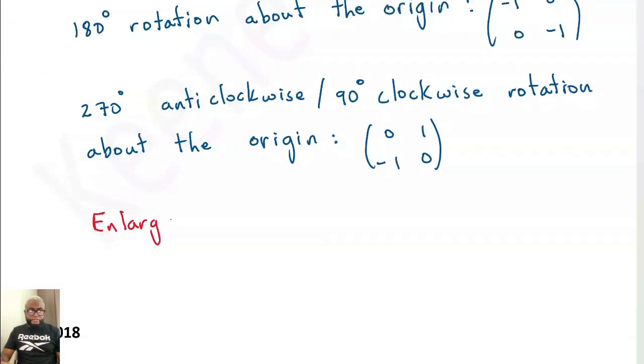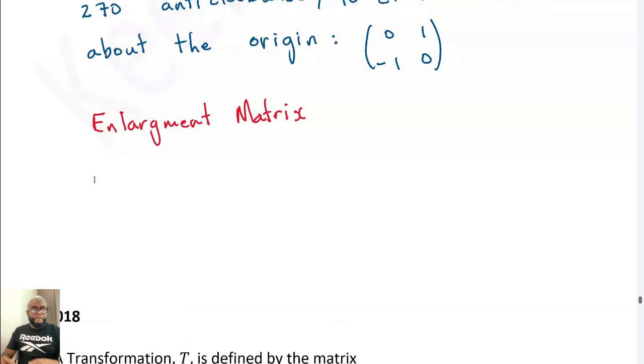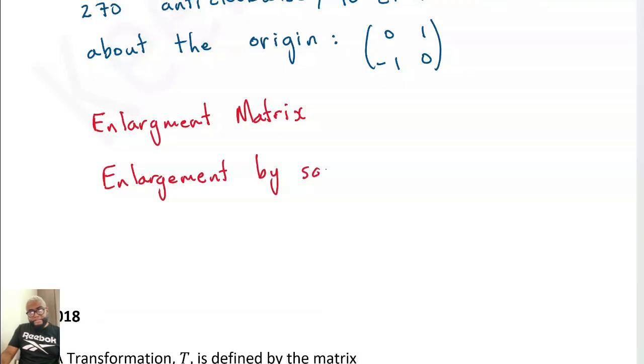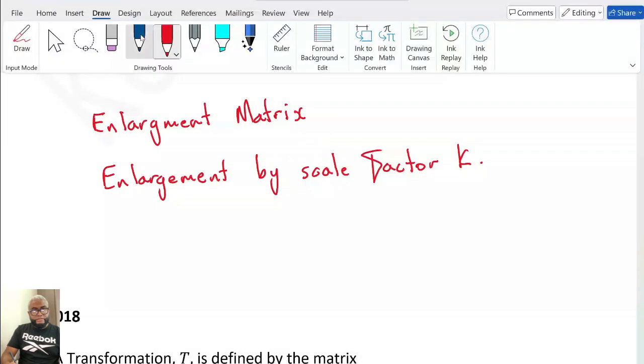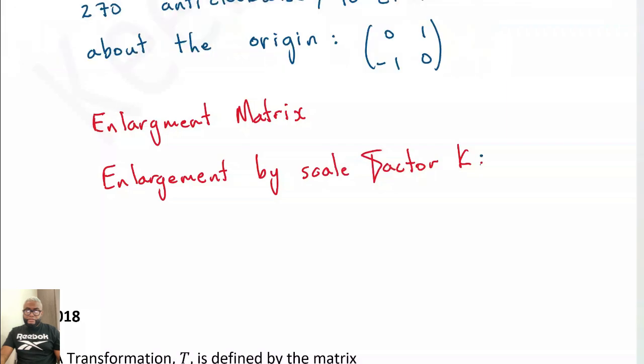An enlargement matrix is an enlargement by scale factor k from the origin.